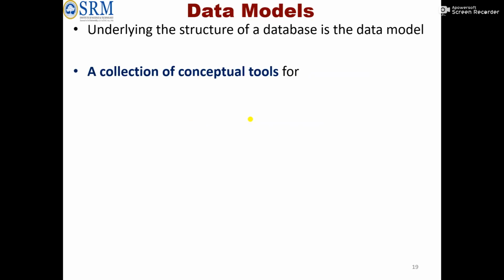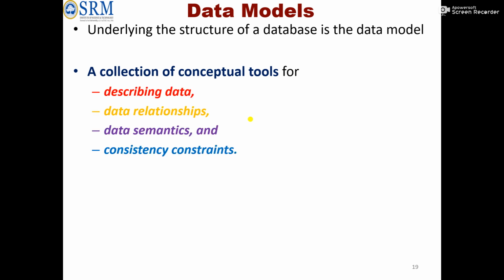Okay? So it is a collection of conceptual tools for describing the data, defining the relationships, and defining the data semantics, and the main thing is consistency constraints, because a variety of users are trying to access a particular database.